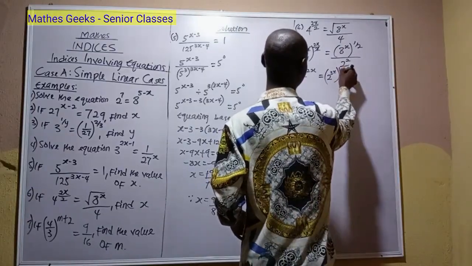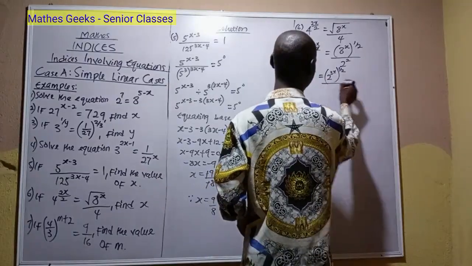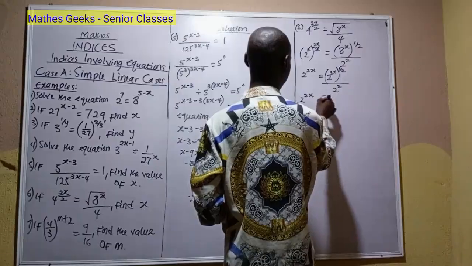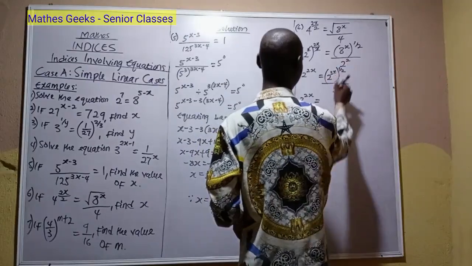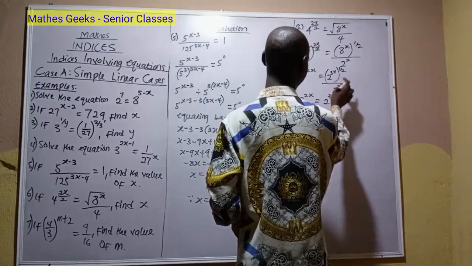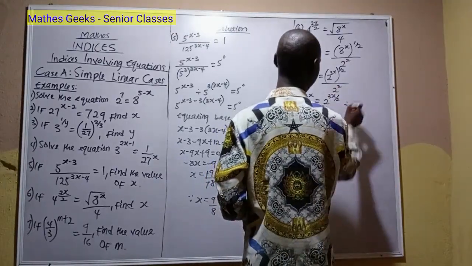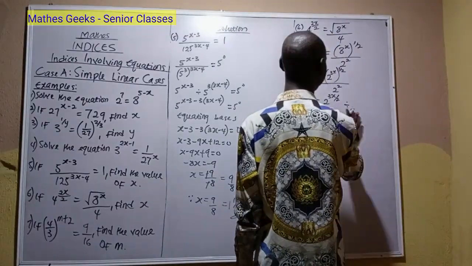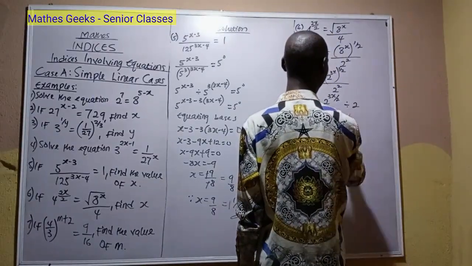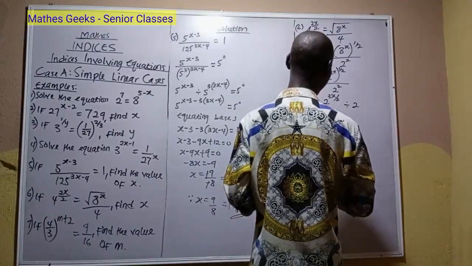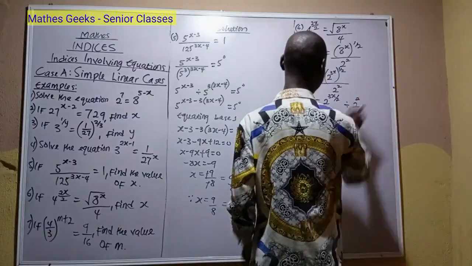and then we have 1 over 2 over 2 raised to the power 2. 2 raised to 2x equals 3x times 1 will give us 3. 2 raised to 3x over 2. Now this will give us divided by 2 raised to 2.